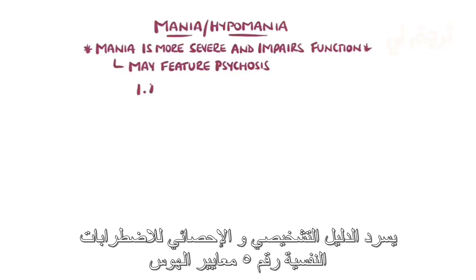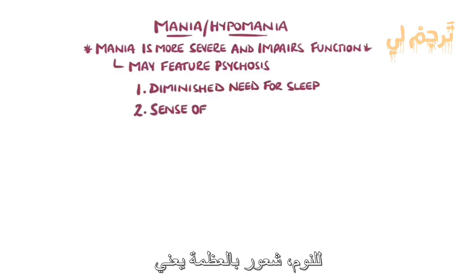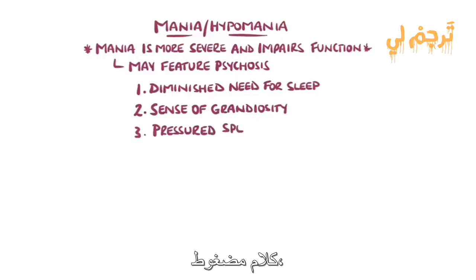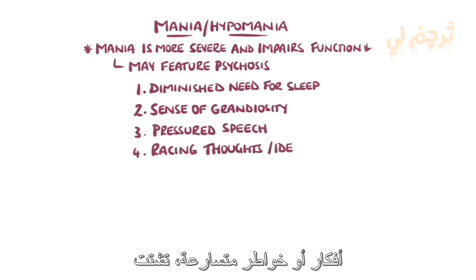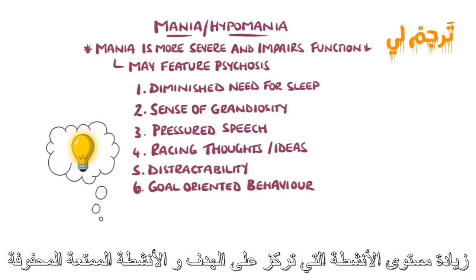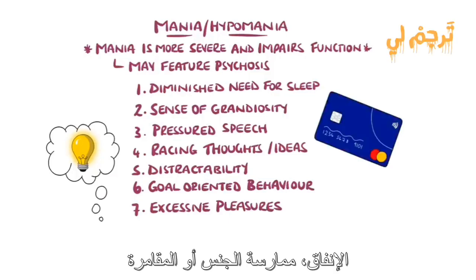The DSM-5 lists the criteria for mania as at least 3 of diminished need for sleep, a sense of grandiosity, meaning being superior or better than others, pressured speech, racing thoughts or ideas, distractibility, increased level of goal-focused activities, and excessive risky pleasurable activities like spending sprees, sex, or gambling.